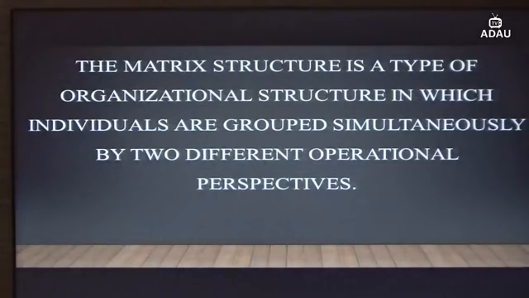And the last organizational structure is the matrix structure. It is a type of organizational structure in which individuals, that is, employees, are grouped simultaneously in two different divisions. For example, one of them can be temporary and another one maybe permanent.